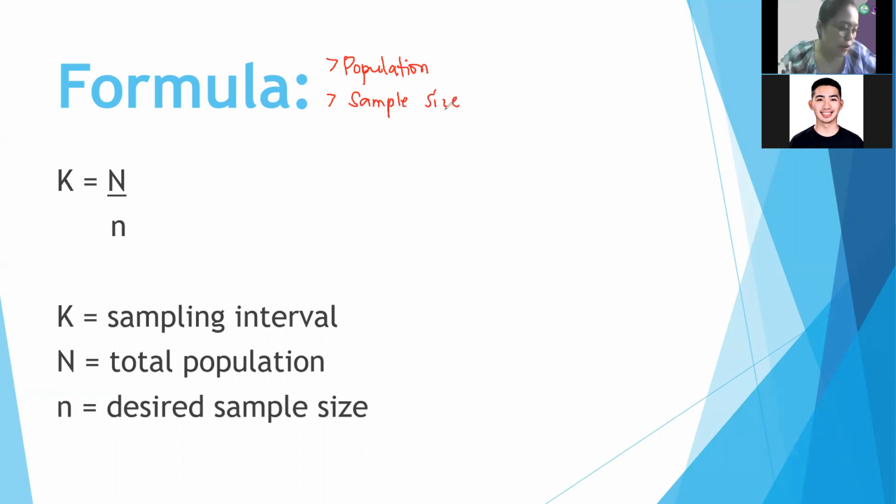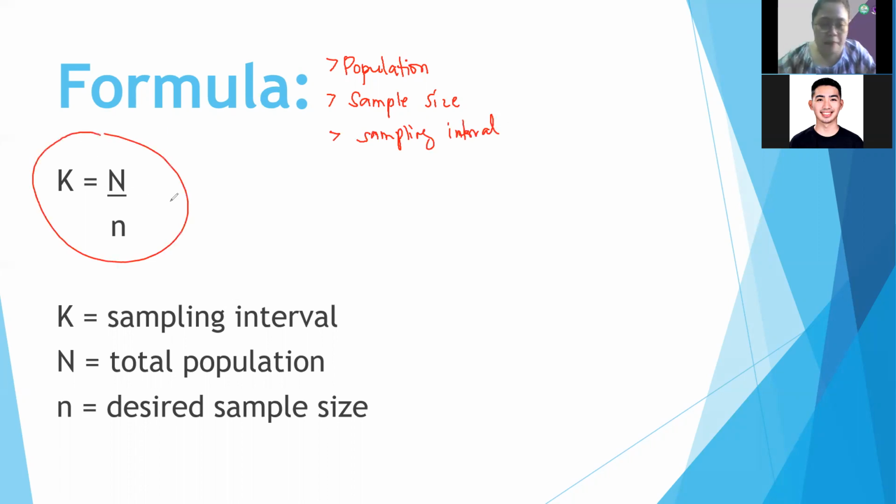So ganun pa rin ang pag-compute ng sample size, Raosoft calculator or Slovin's formula. Now, after knowing the sample size, we are going to compute for the interval. Okay, sampling interval. So again, this is our formula. Parehas lang yung formula, iba lang yung ginamit na letters in representing ha.